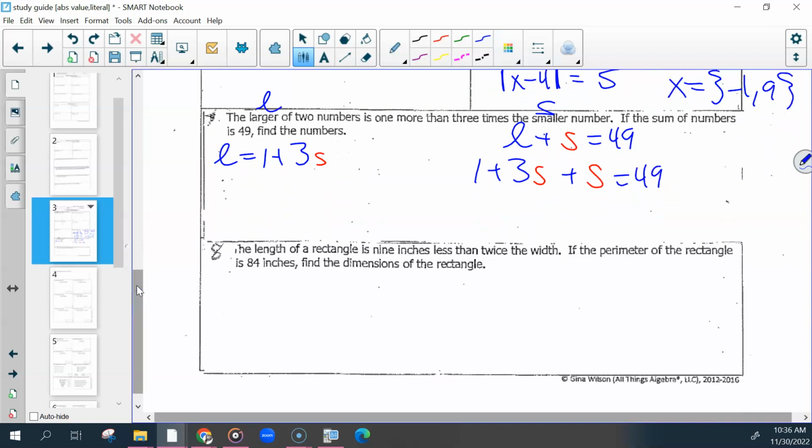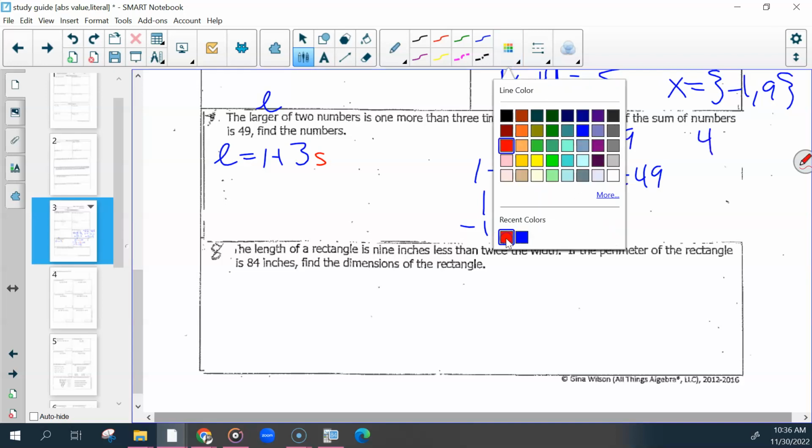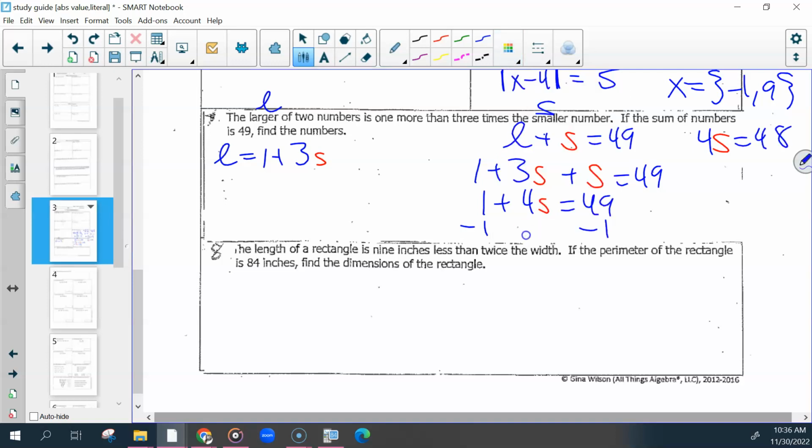So we would combine 1 plus 4S equals 49. Solve for S. And divide. 12.